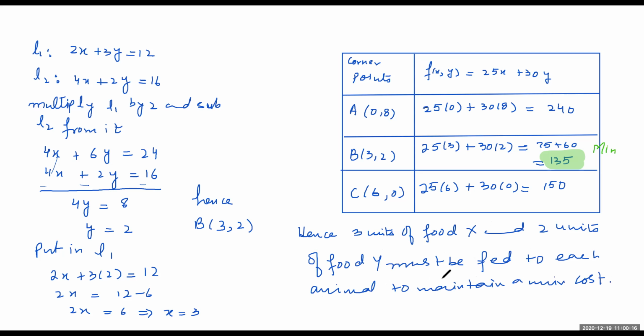That is, if we want to feed the animals at a minimum cost, then we must take 3 units of food X and 2 units of food Y, and that completes the solution.